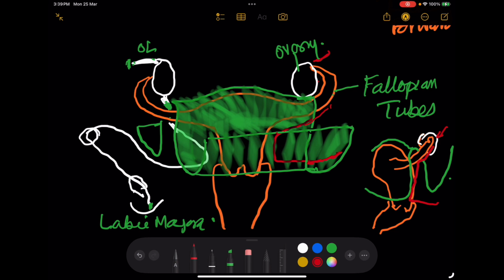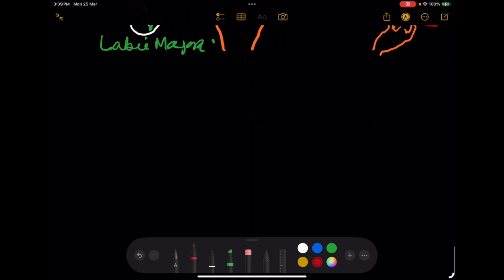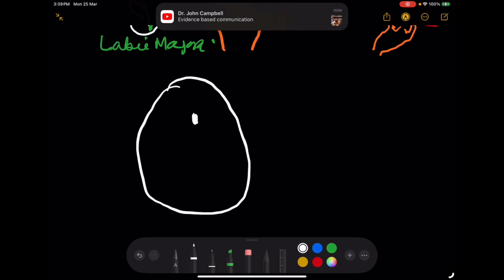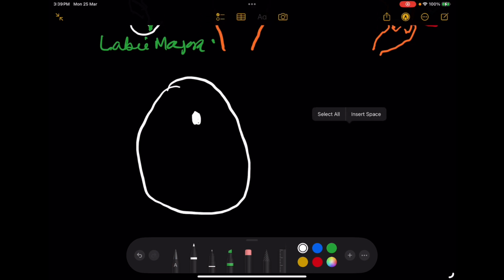Now, the ovary consists of a fixed number of ova, and exactly parallel to it, the ova have 23 chromosomes.